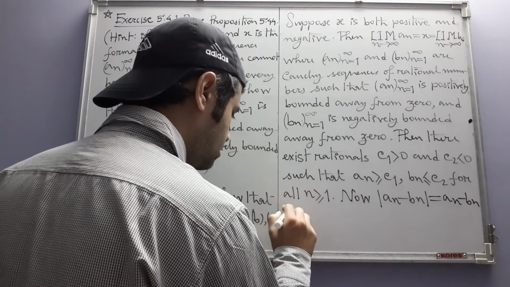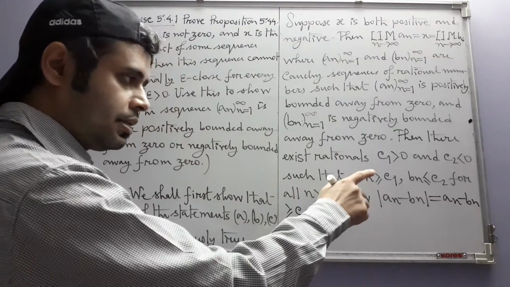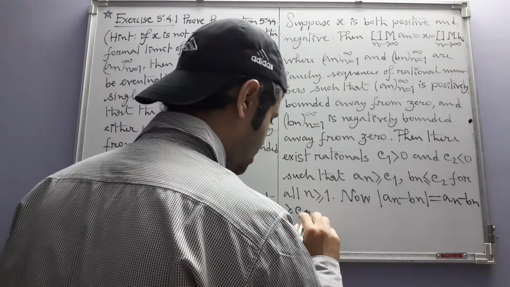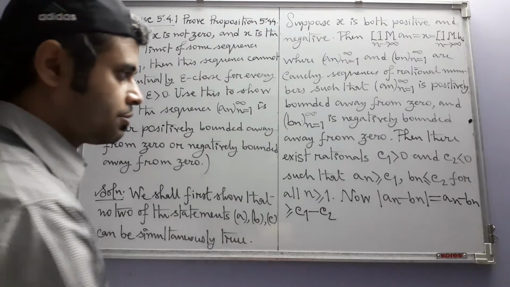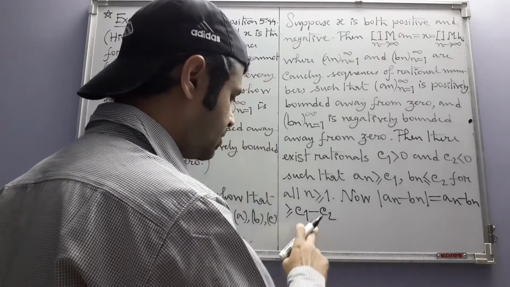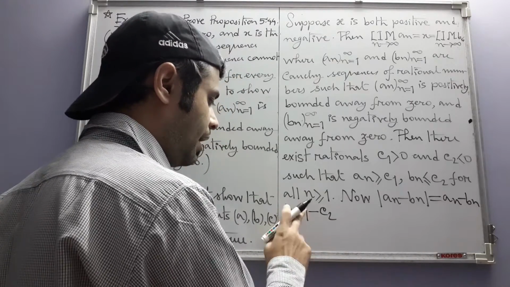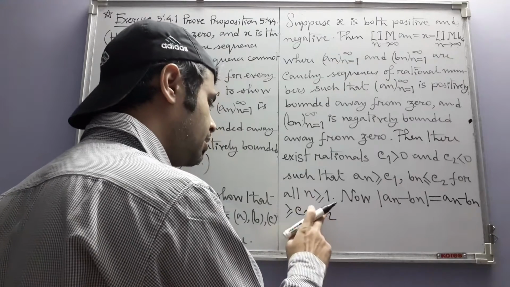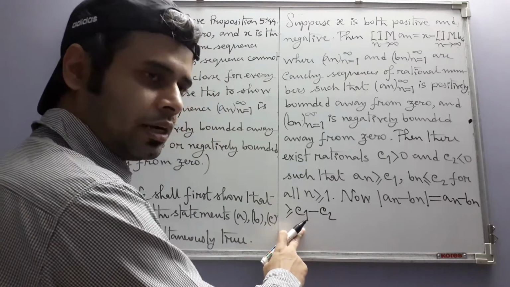Now an is greater than or equal to c1 and bn is less than or equal to c2, so minus bn will be greater than or equal to minus c2. Now since c2 is a negative rational number, minus c2 is positive, so that means we are actually adding a positive rational number, minus c2, to the rational number c1.